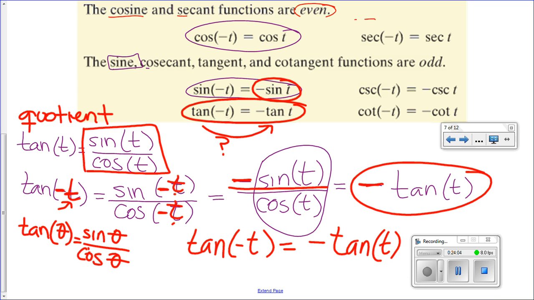Okay? Negative sine of t. You're not going to be quizzed on this. I'm just showing you why. So just relax. Okay? Now, the cosine of negative t, if you look at this table here, what does that equal to? And then Ruben told me, cosine of t. So that's what we replaced here.